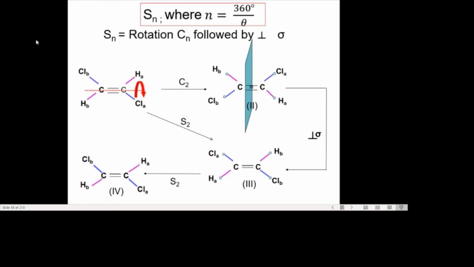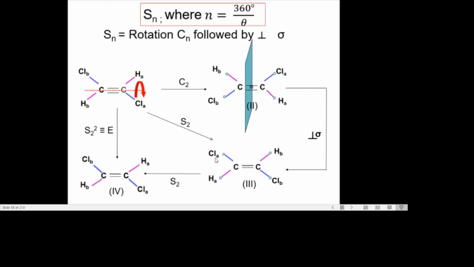Then I will have the complete operation of S2 twice and I will obtain structure number 4, which is the operation of S2 two times on the original structure, and we can compare structure 4 and this original one are equal, so we represent it as S2 equivalent to identity.